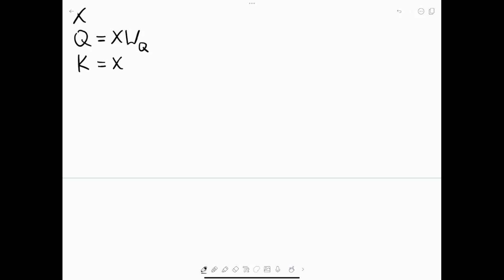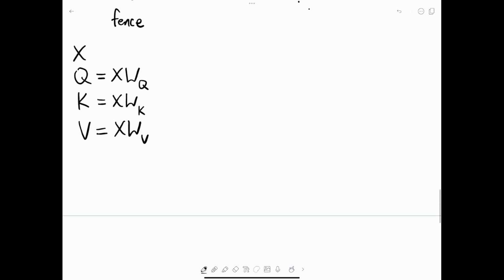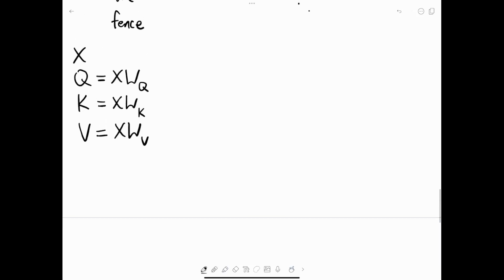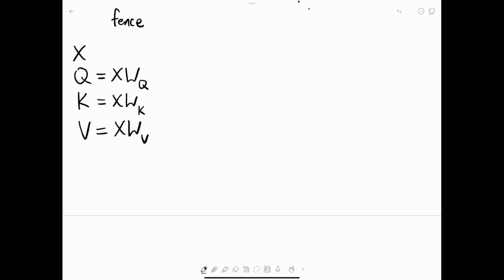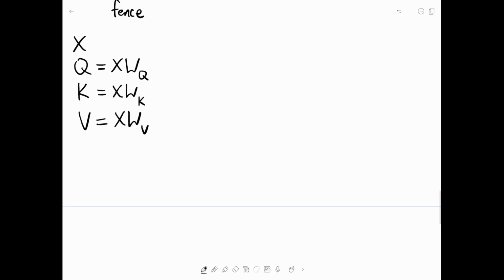And same goes for the others, K and V. Okay, so what are we doing here? We're essentially changing the dimensions of the matrix and reinterpreting X as what are called keys, queries, and values. So Q stands for query, K stands for key, and V stands for value.